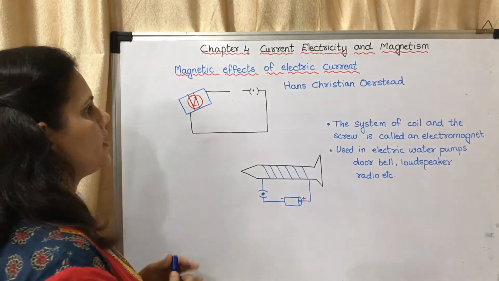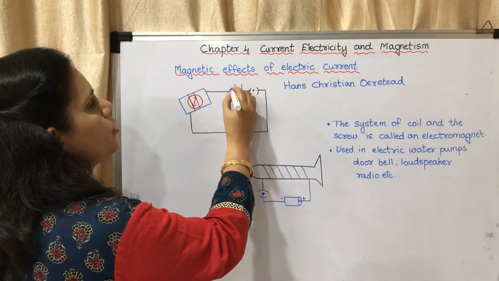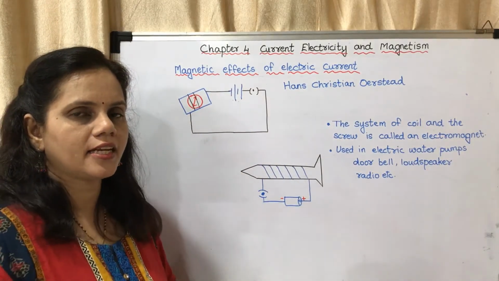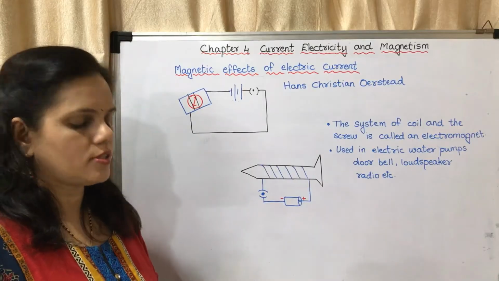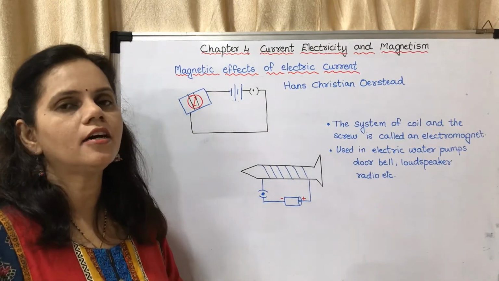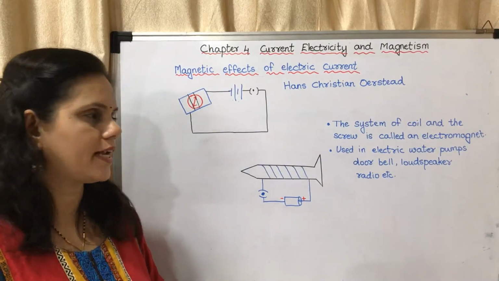If it was reversed, that means if you change the direction of the battery, then it was seen that the magnetic needle deflected in the opposite direction.